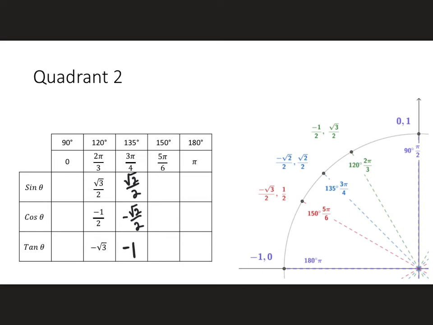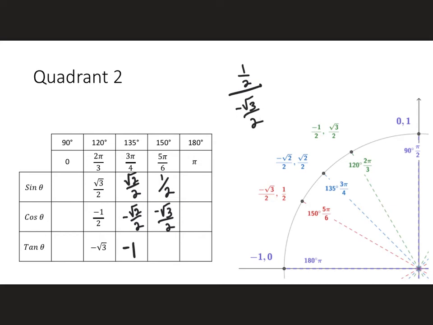150 degrees, or 5 pi over 6 radians. The sine is going to be the y value, which is 1/2. You can see right here, 1/2. The cosine is going to be the x value of that endpoint, so negative square root of 3 over 2. Now the tangent will be the y value, 1/2, over the x value, negative square root of 3 over 2.